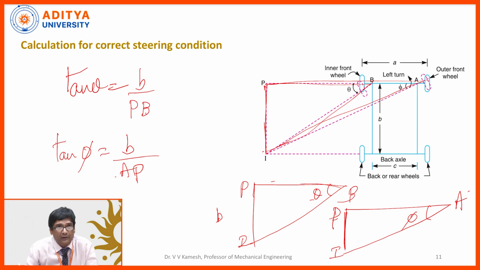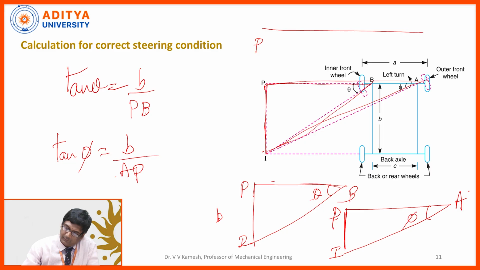But for getting the condition, look at your PBA. We don't know how much PB is, but we know AB, small a. So I need to identify the relations of tan theta and tan phi in terms of AB, AP and PB.